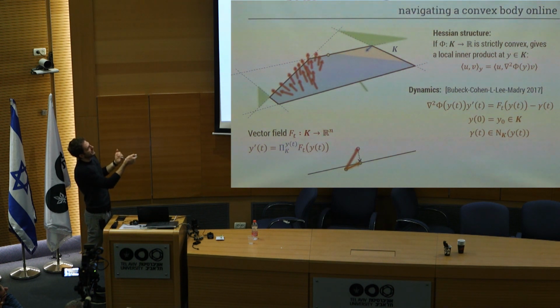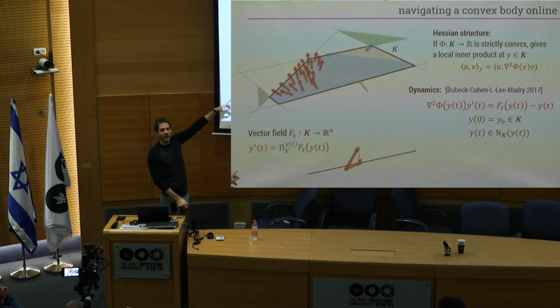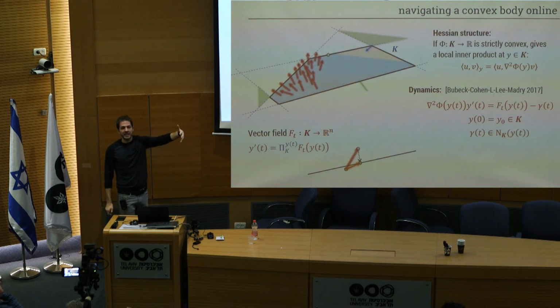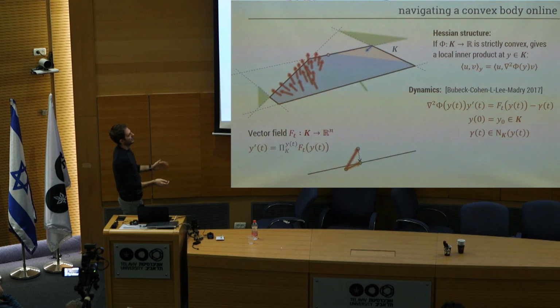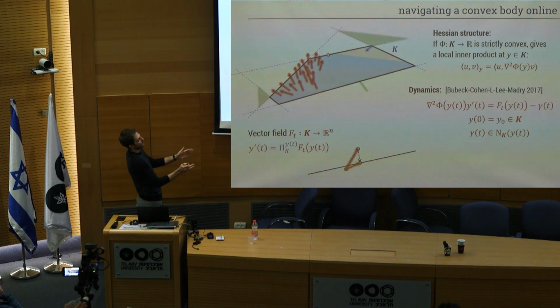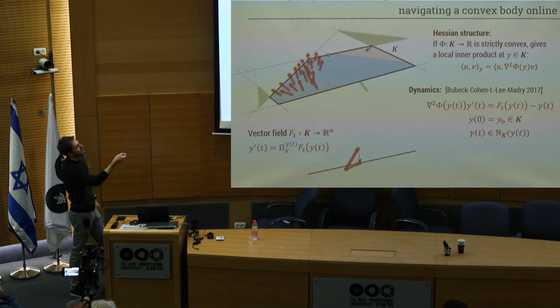The input to this algorithm is a vector field, which is my desire for how I want to move. For us, in this setting of competitive analysis, the vectors are just going to be the negative cost function. I'm going to move away from cost, I'm going to pay less cost. So I'm going to take a constant vector field which points in the direction of the negative cost function. And then to specify the algorithm, the other thing you need is a regularizer, a strictly convex function phi.